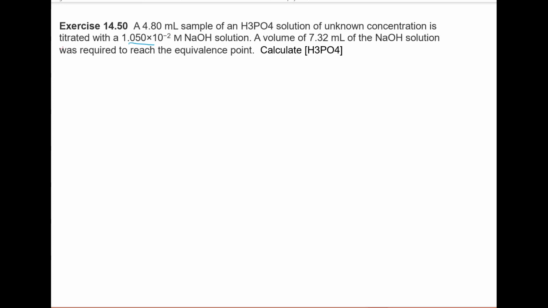So again, remember, for equivalence points, the moles of H plus in solution is equal to the moles of OH minus. One wrinkle in this problem, though, is that we have phosphoric acid, which is what's known as a polyprotic acid.